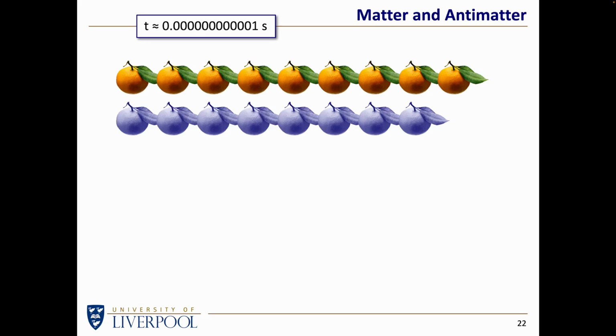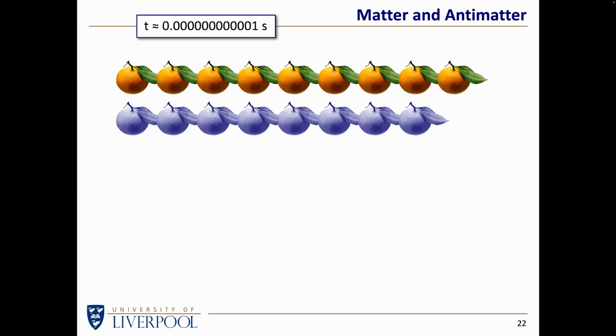Here I've shown it as something like a 10% excess of matter over antimatter. Now the excess was nowhere near that large. It wasn't 1 part in 10 that matter won over antimatter. It was more like 1 part in a billion. A very, very small excess.